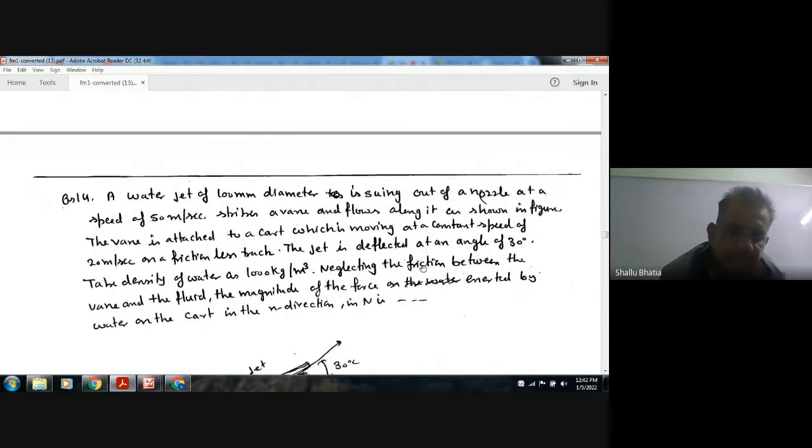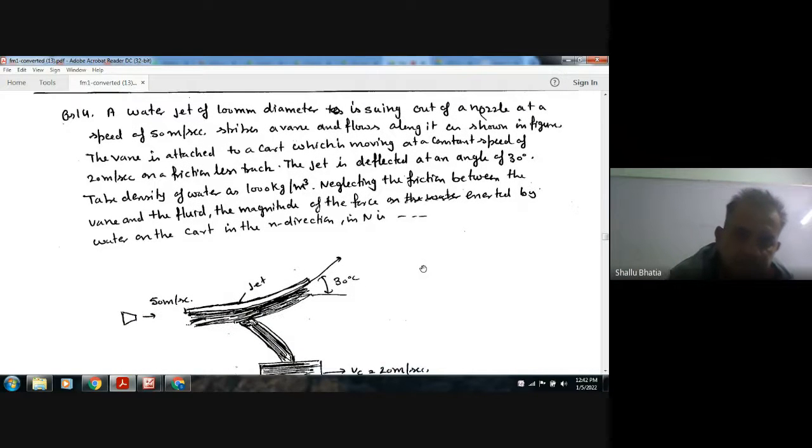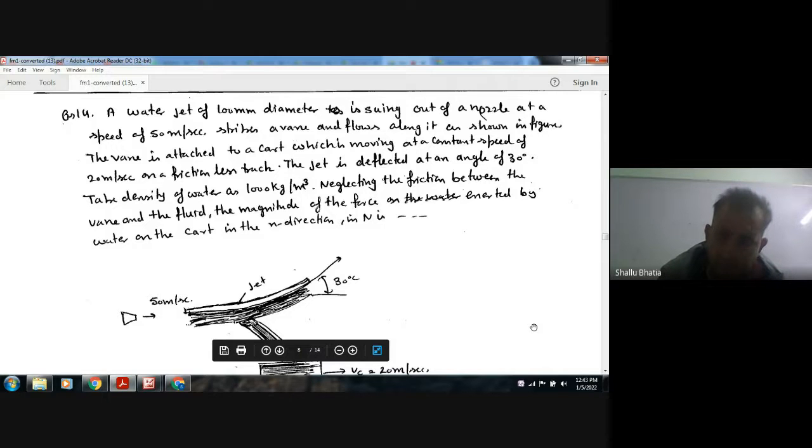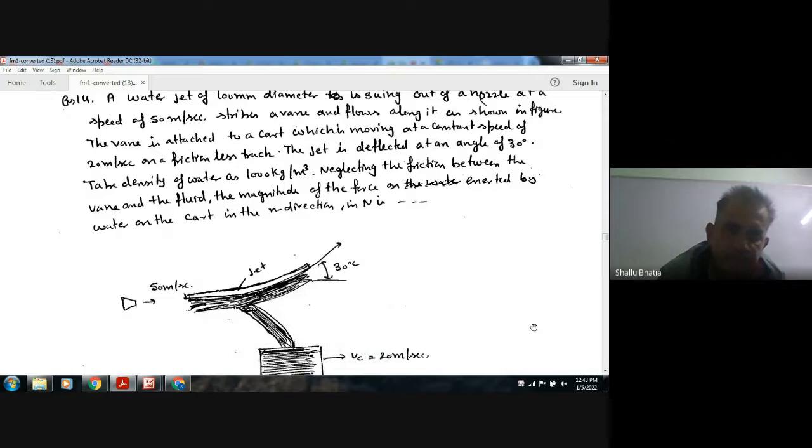Next, a water jet of 100 diameter is spewing out of a nozzle at a speed of 50 meters per second, strikes the vane and flows along it, as shown in the figure.